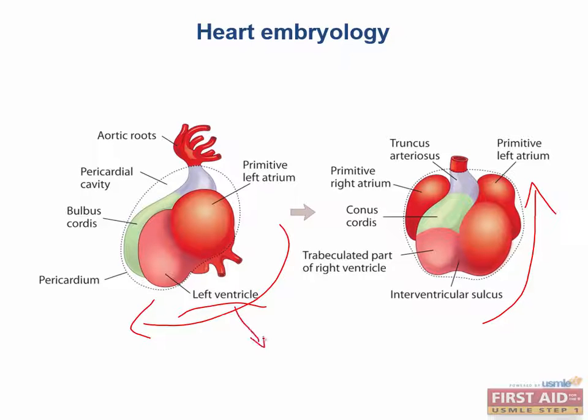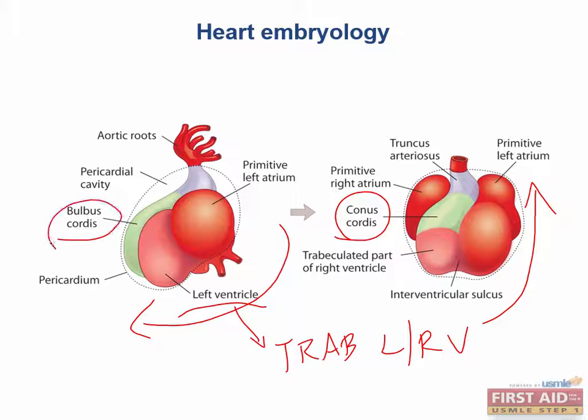This ventricle will split to form the trabeculated, not the smooth, parts of the left and right ventricles. Remember, the smooth part of the left and right ventricular outflow tracts are formed by the conus cordis, which is derived from the middle segment of the bulbus cordis.